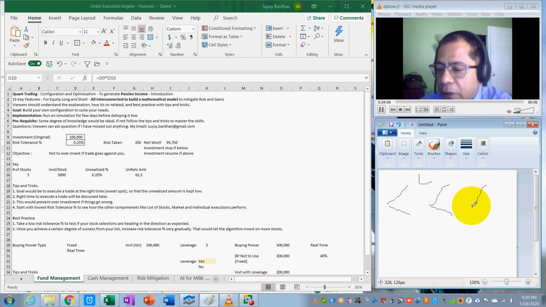But as it heads south, although you might have a stop loss somewhere here, you might have a stop loss at say 2% or 3%. I'll come to all of those a little later.